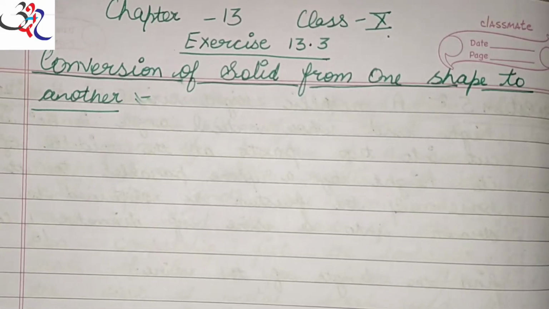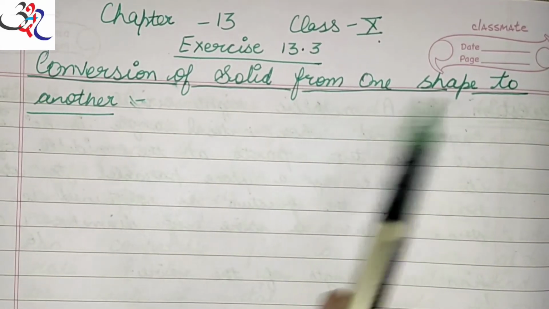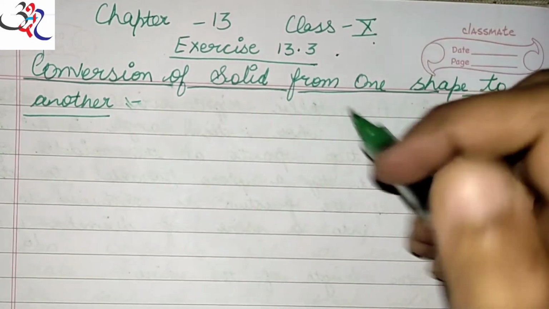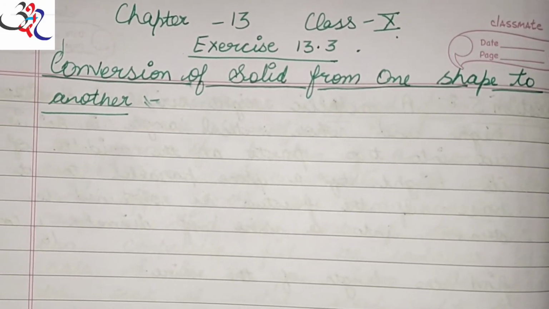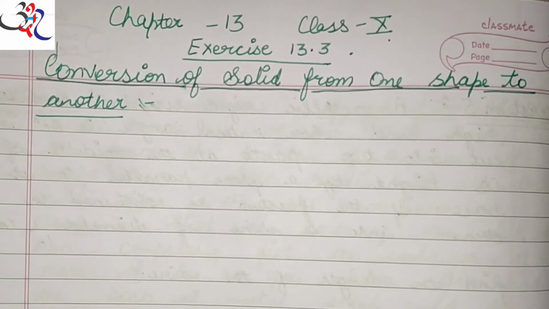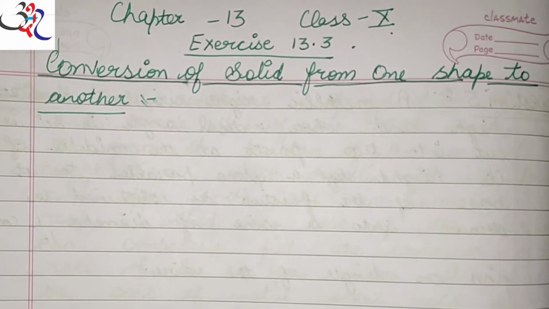So let's start a new topic today, which is the conversion of a solid from one shape to another, the topic of exercise 13.3, class 10th, chapter number 13. First, let's understand what this term means.